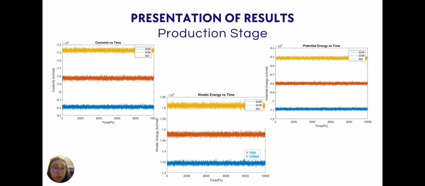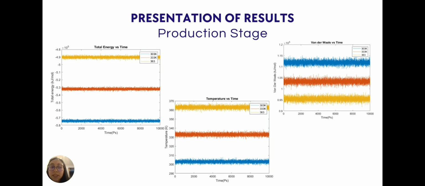So we have the Coulomb energy versus time, which refers to the Coulomb interactions over time, the kinetic energy also, the potential energy, and the total energy, which is the sum of the potential and the kinetic energy. We also have the temperature versus time, and the van der Waals interactions versus time.